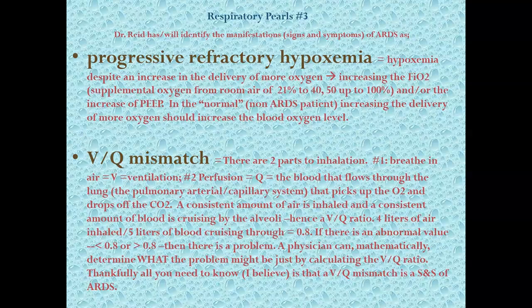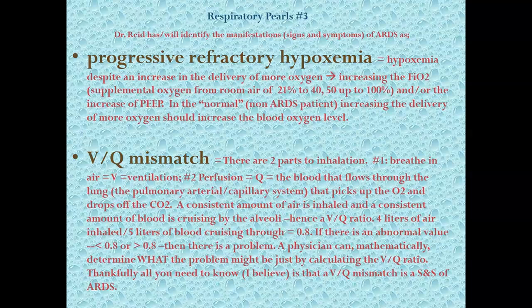And that's a clue to identifying that ARDS is the problem. If the patient is also getting an increase in PEEP and they're still not rising in their blood oxygen level, that also is part of the refractory, because PEEP and the FiO2 together should increase the PaO2, or the oxygen saturation.